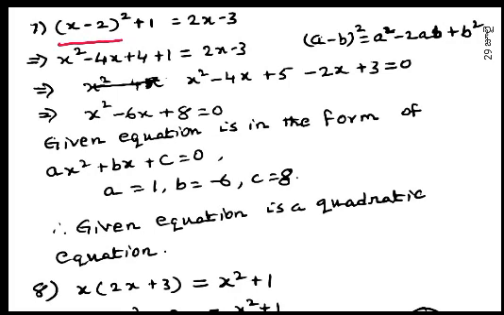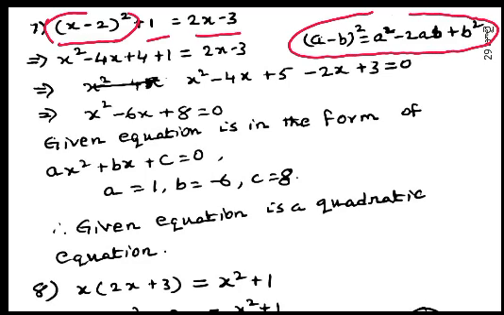Now we consider another problem. (x - 2)² + 1 = 2x - 3. Now, (x - 2)² is expanded using the formula (a - b)² = a² - 2ab + b².